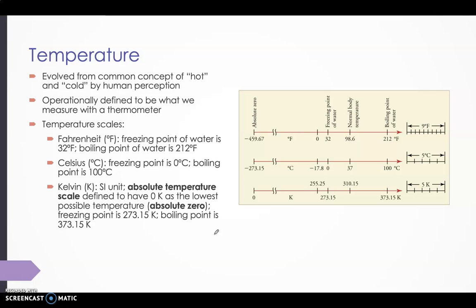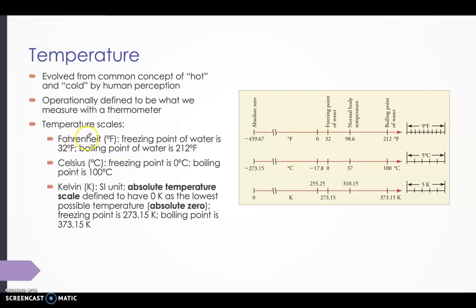And in temperature, we have some different scales. So here in the United States, we use degrees Fahrenheit to measure our temperatures typically. And so I have this scale here from your textbook, and we can see the differences between these scales.